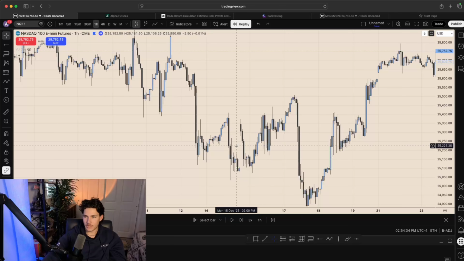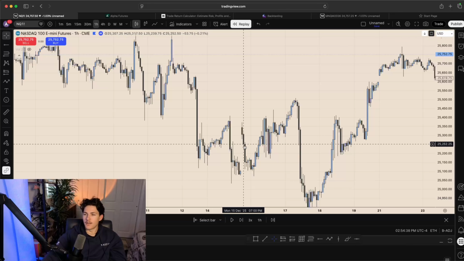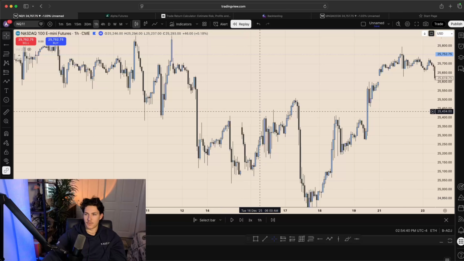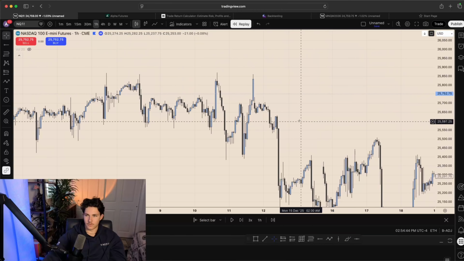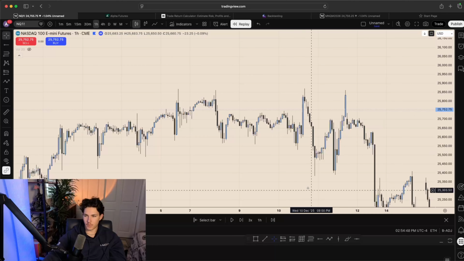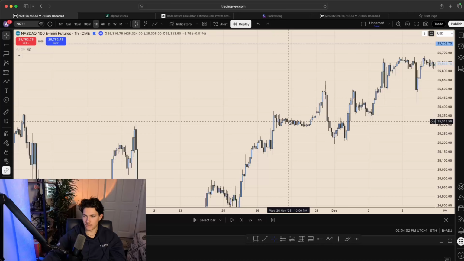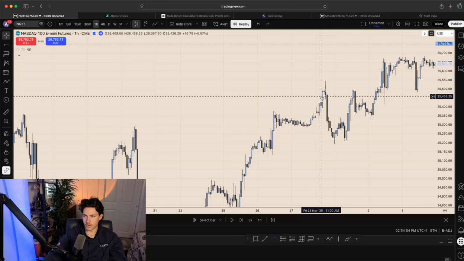Came in, pushed down, there's a little gap here, don't worry about that. Pushing down, and then we came back up, we swept the liquidity, and then we pushed down. Same thing over here. We're just moving sideways, swept liquidity, push down. Okay, we have that on the opposite side as well. Just jumbling around.